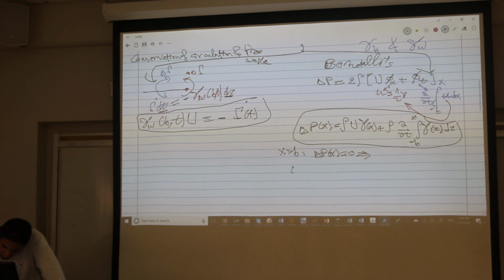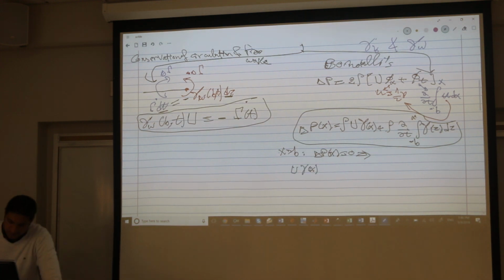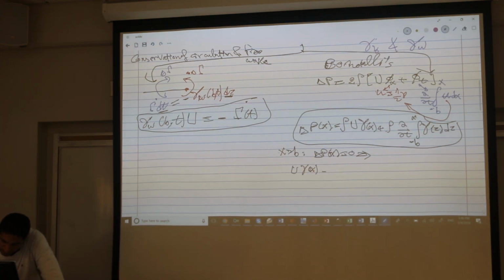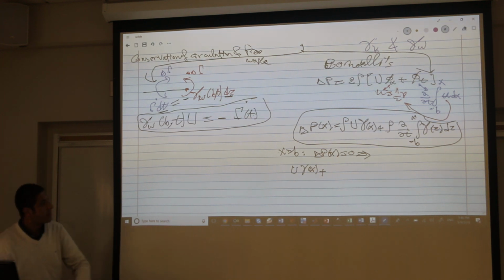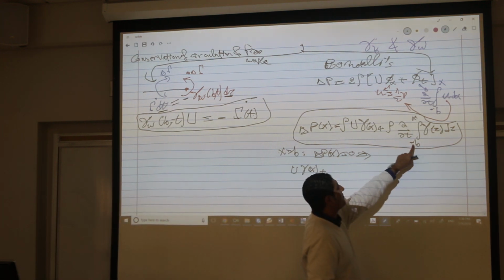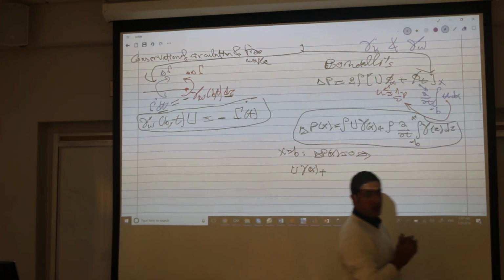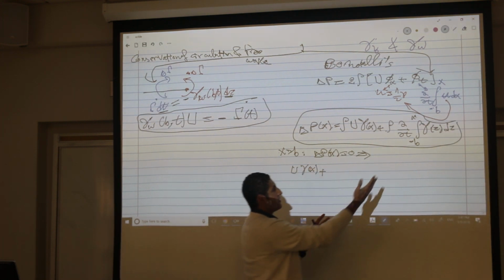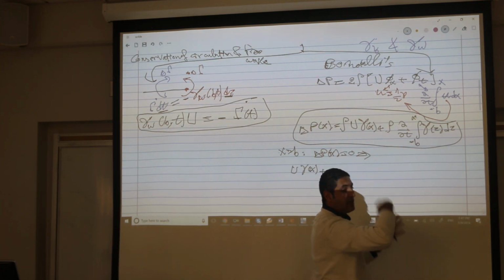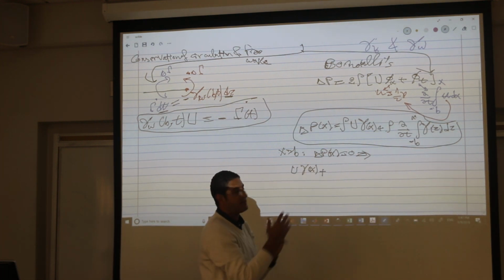That u gamma x plus, look at this, this is from negative b in the beginning of the airfoil until a point in the wake. So I will divide this integral because over the airfoil I have gamma bound, in the wake I have gamma wake. I will divide the integral.